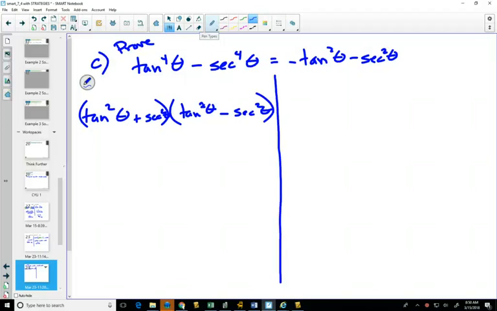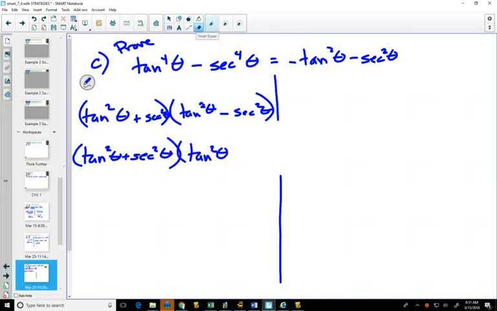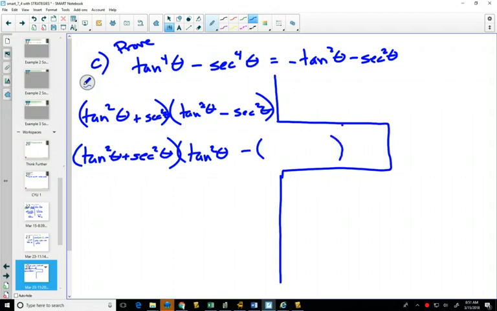So I'm going to take this second one, rewrite the first one, and I'm going to take the secant squared and substitute in that secant squared is equal to tan squared plus 1. And the reason why that's going to be nice is that's going to simplify that second factor.